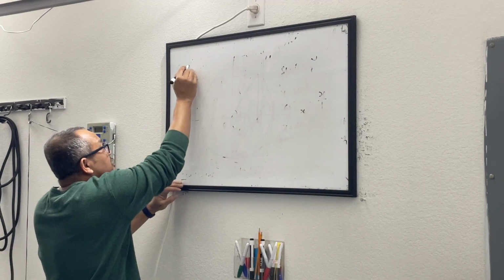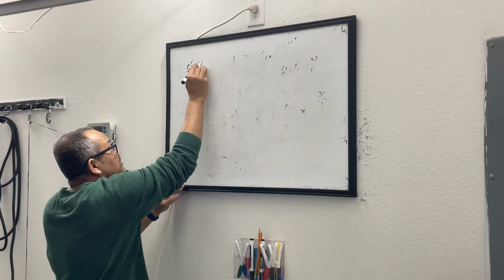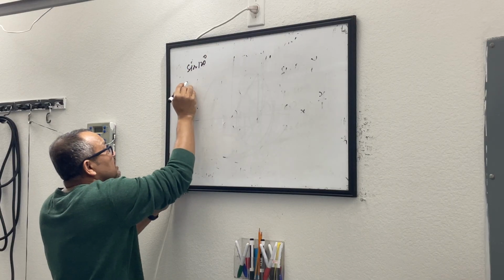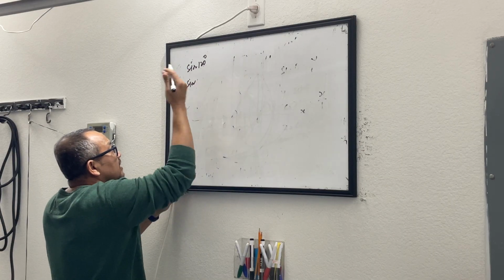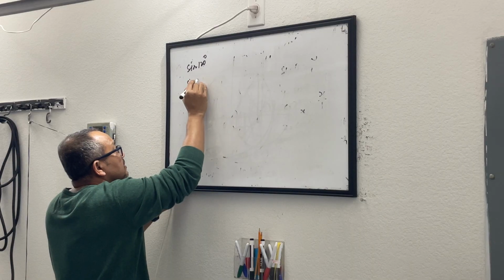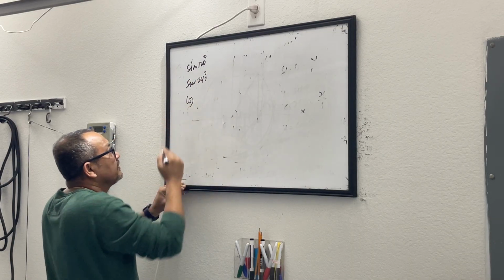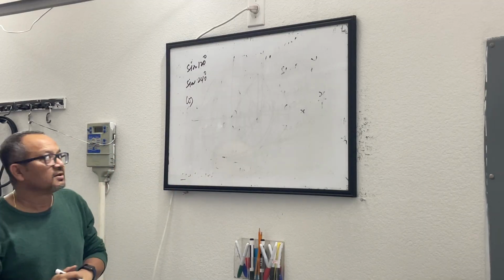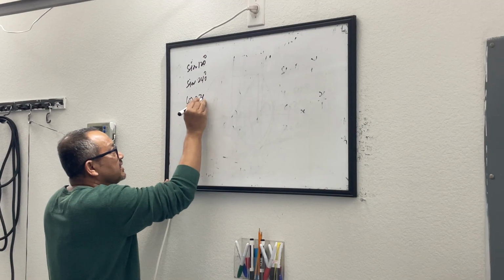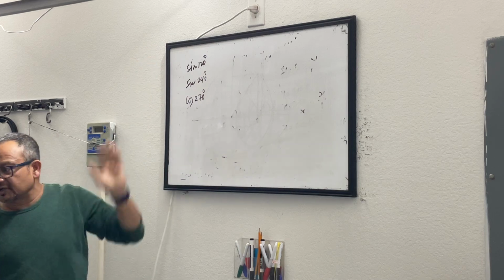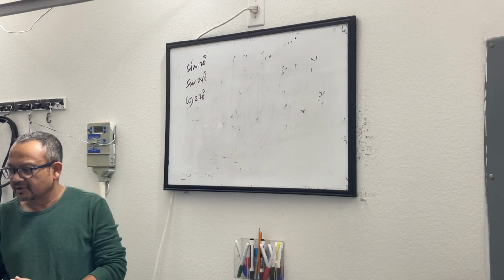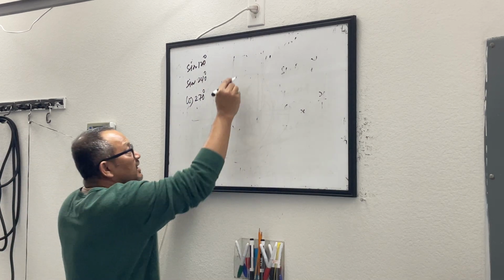If I have to find sine of 120 degrees or sine of 240 degrees or cos of, let's say, 270 degrees, all these were not possible with right angle trigonometry. So, the unit circle helps us do that.